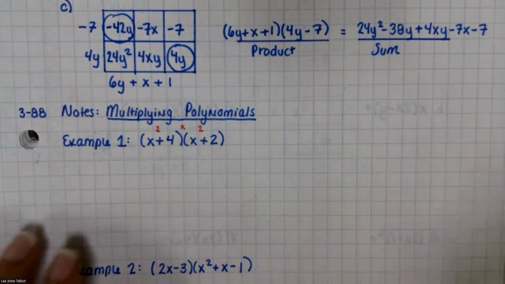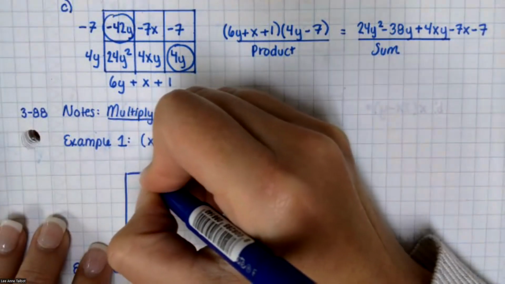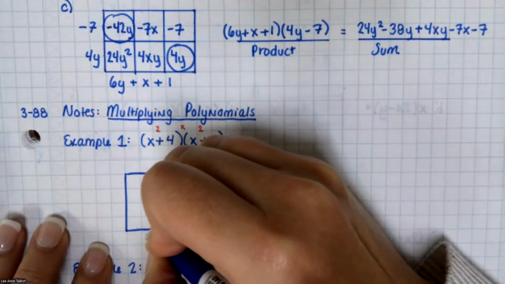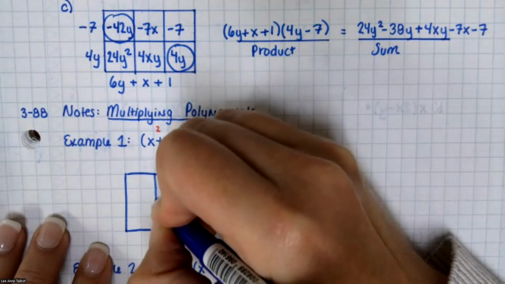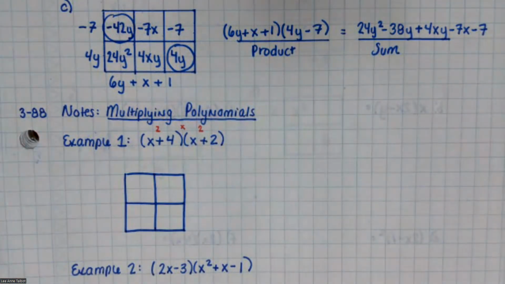So, 2 by 2 size box. Okay, this is the part where it's going to be personal preference.